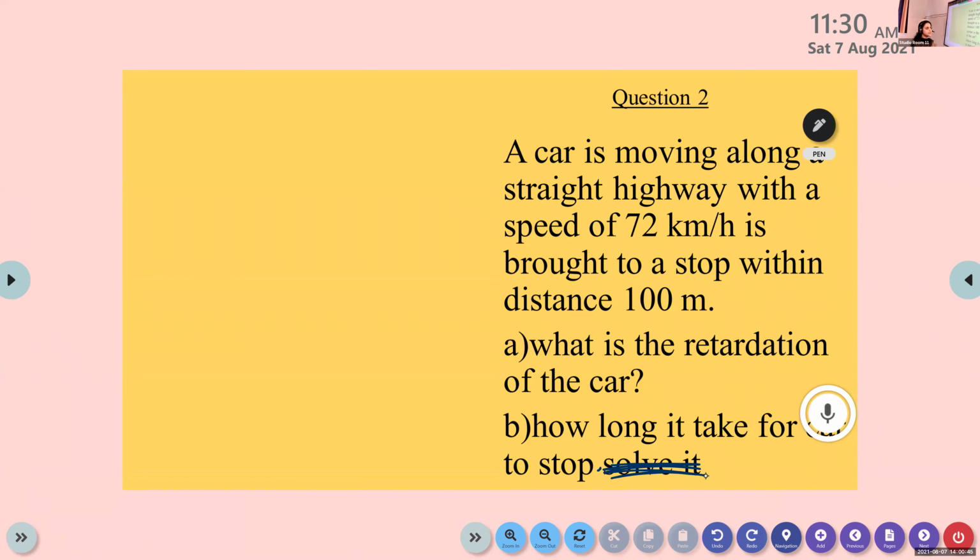What physical quantities or parameters are given in this question? What values are provided?